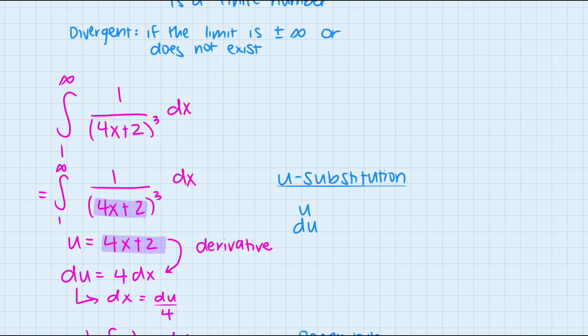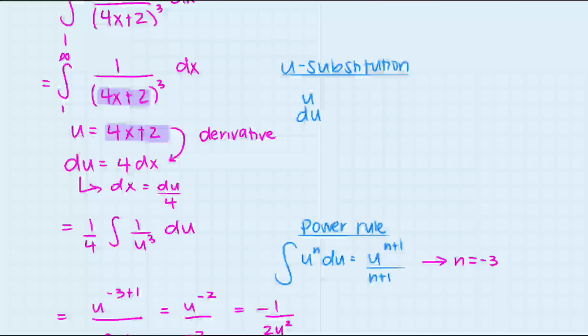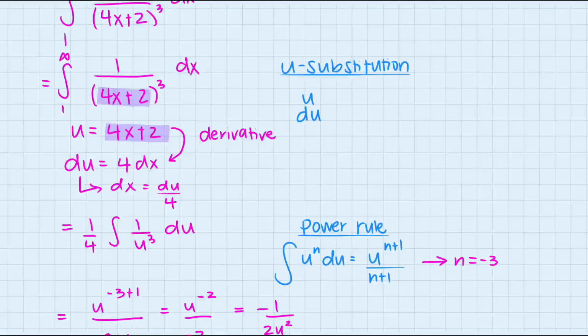Now that we have dx and u, we plug those values back into the integral. Instead of 4x plus 2 in parentheses cubed, we just have u cubed, and dx becomes du over 4. Pulling the 4 out, it's 1/4 integral of 1 over u cubed du.